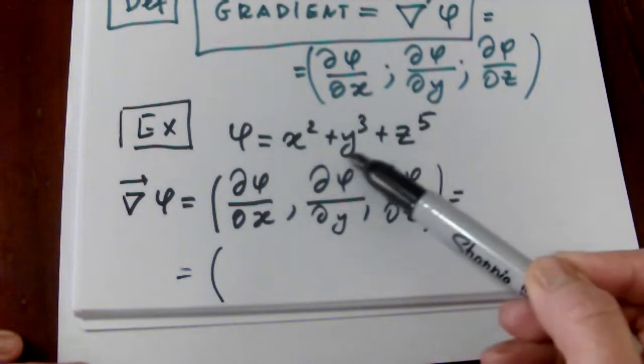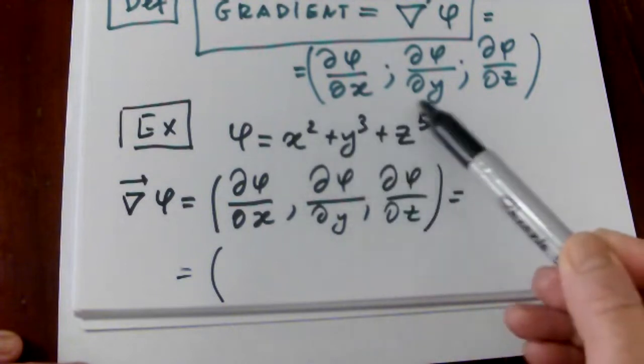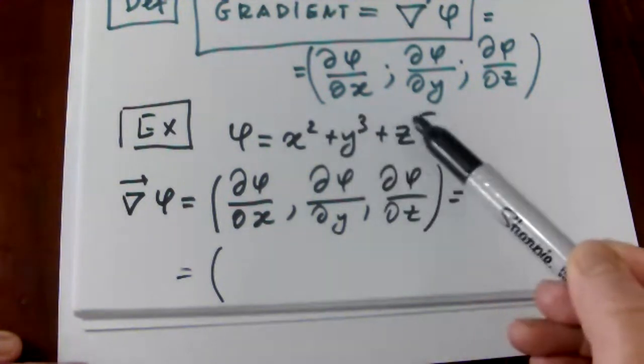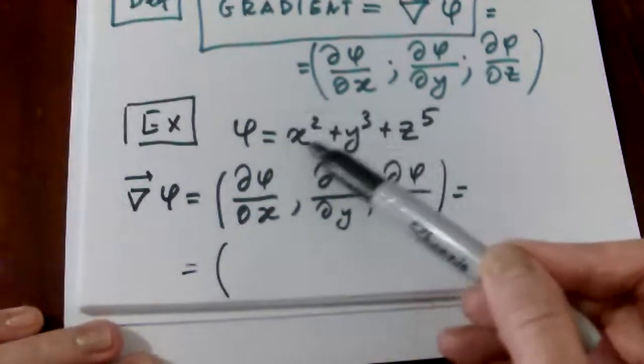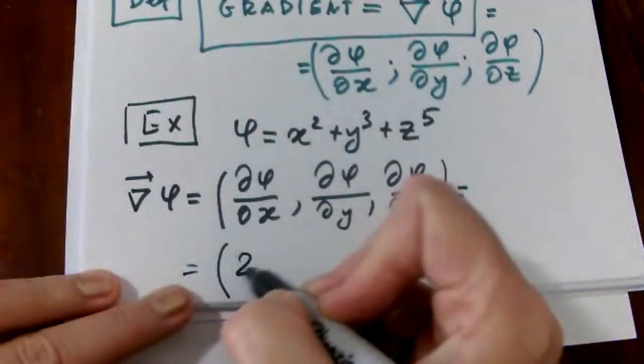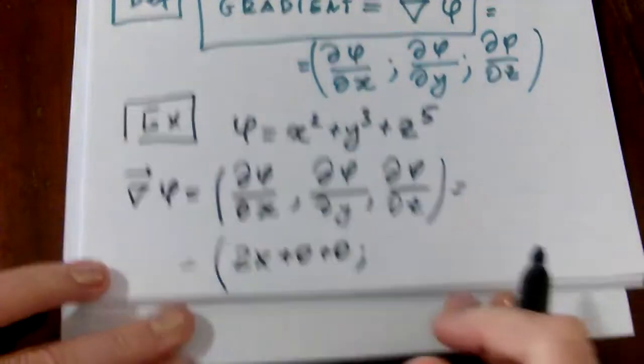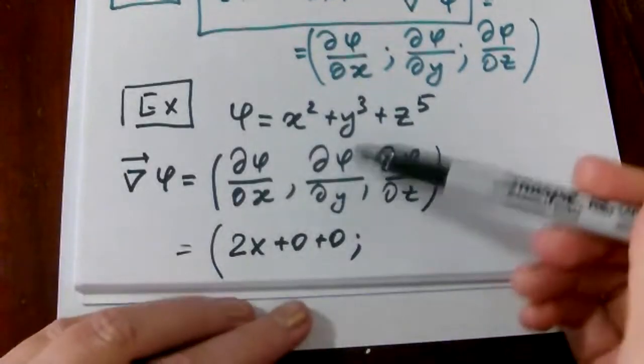For example, the second term is constant, the third term is constant as well, and the derivative of a constant is 0. So you write down the derivative of the first term only, which is 2x, and these two are 0. 2x plus 0 plus 0.